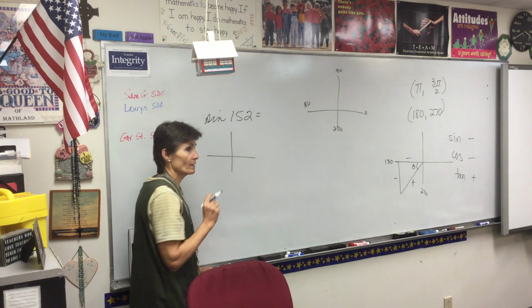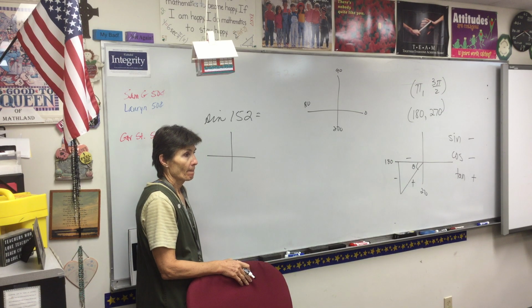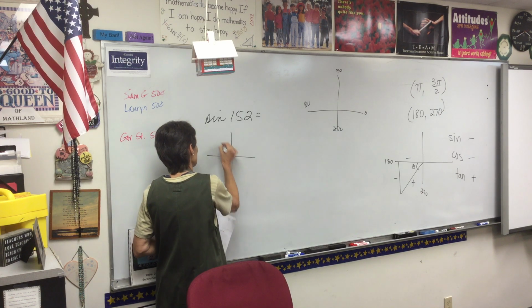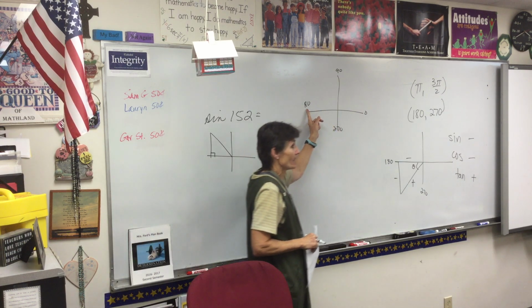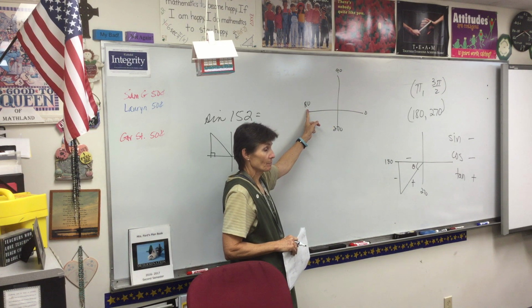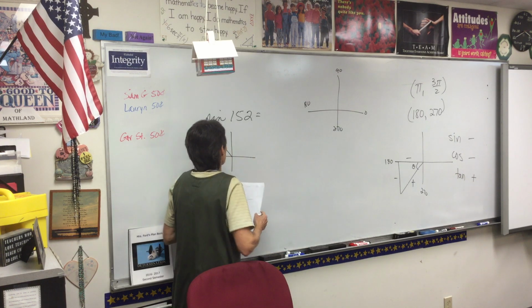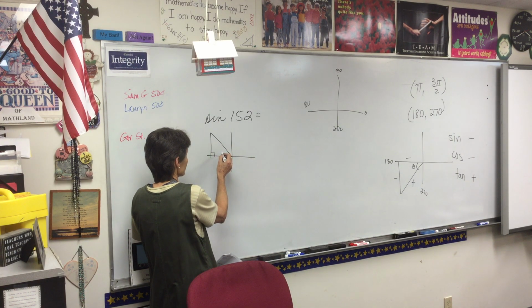Which quadrant would 152 be in? 3? 2. I think it's in 2. Because isn't 152 between 90 and 180? So 152 is between 90 and 180, so it's right here.